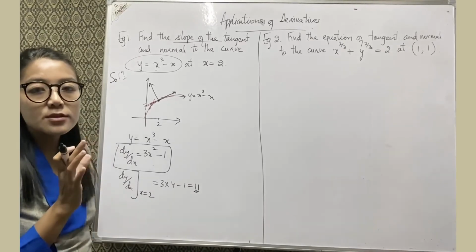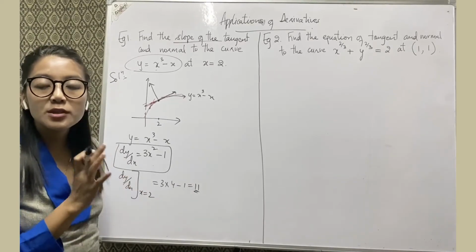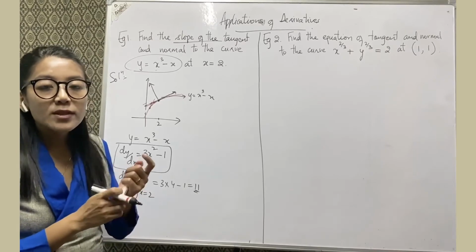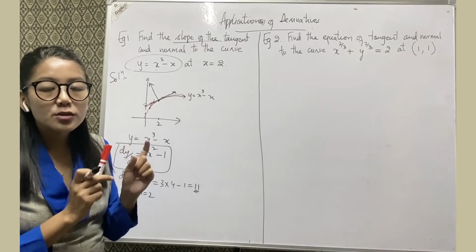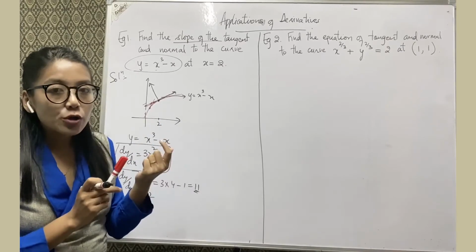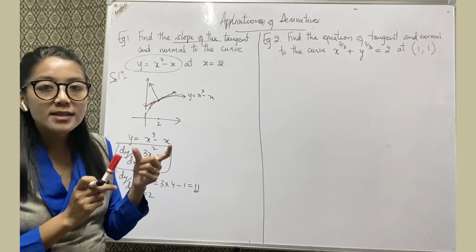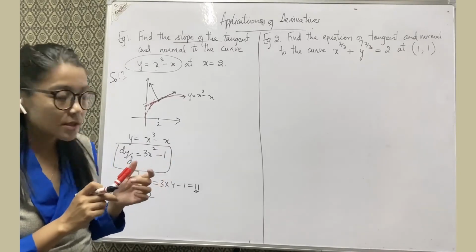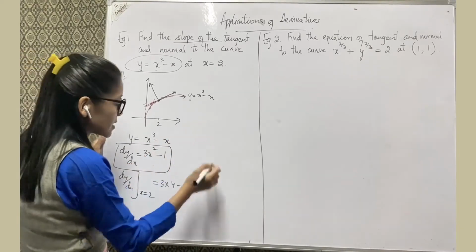Now you know what is the relationship between the slope of tangent and the slope of normal. We know that when two lines are perpendicular, the product of the two slopes is -1, or you can say that the slopes of the two lines are negative reciprocal of each other. So you can write it like this.